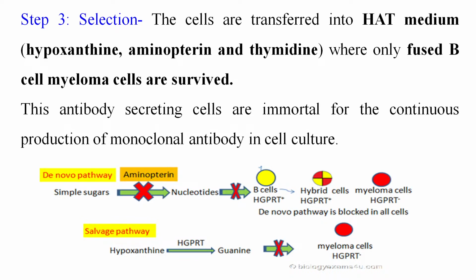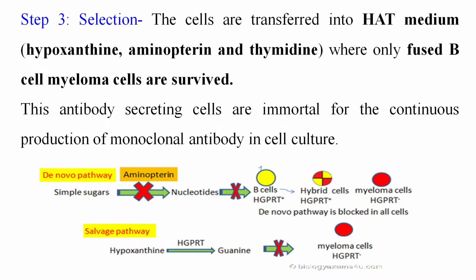The same is the case with a B cell fusing with a B cell and a myeloma fusing with a myeloma. They have the same characteristics. B cell has the enzyme HGPRT but cannot survive for long because of its mortality. Whereas immortal myeloma cells do not have the HGPRT enzyme, so they do not survive in the medium.